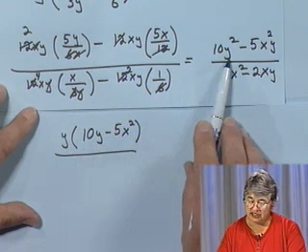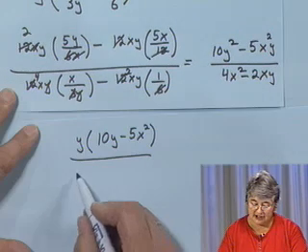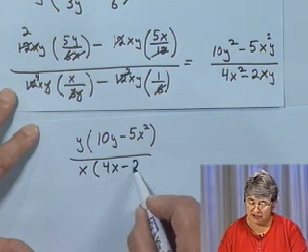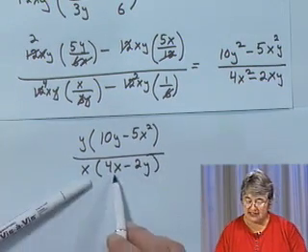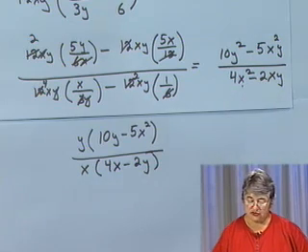Y times 10y is 10y squared. For the denominator, notice that we have an x in common, so we'll factor that out, and so we have x times 4x minus 2y. And again, let's check the factoring. 4x times x is a 4x squared, a minus 2y times x is a minus 2xy.